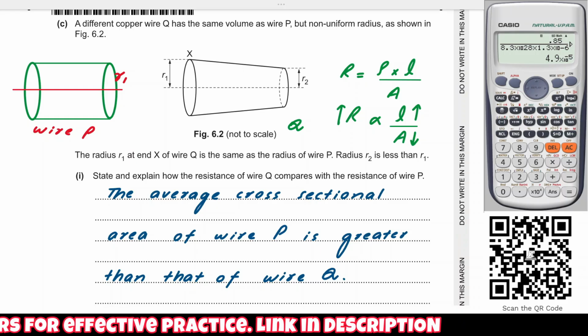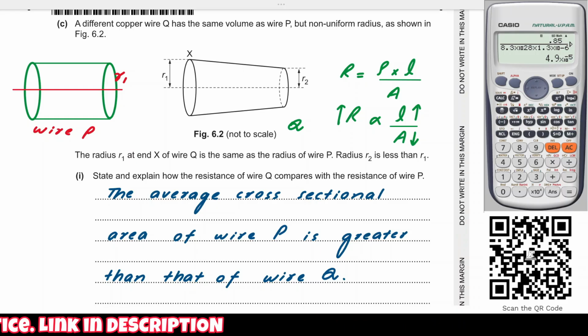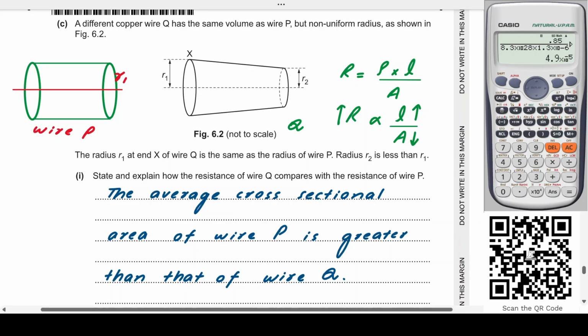So the resistance of the wire P should be less than the resistance of Q.